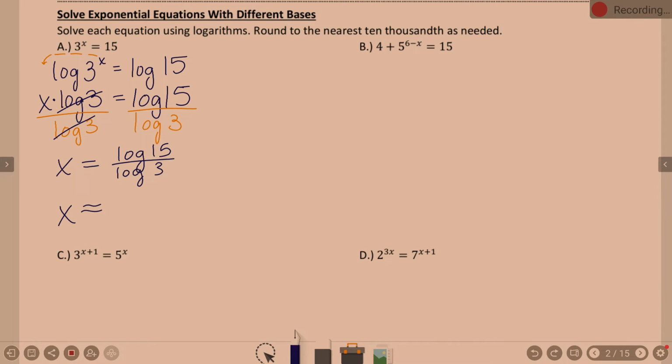And that is a calculator task, right? So, still required to use a calculator. What are you guys coming up with? Okay. 2.4650.